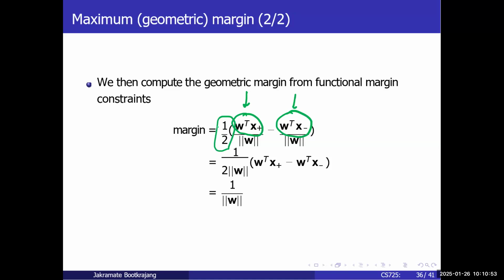So the margin is basically the average between the margin of the positive example and the margin of the negative example. And if we average them together, you will get this 1 over the norm of the weight.